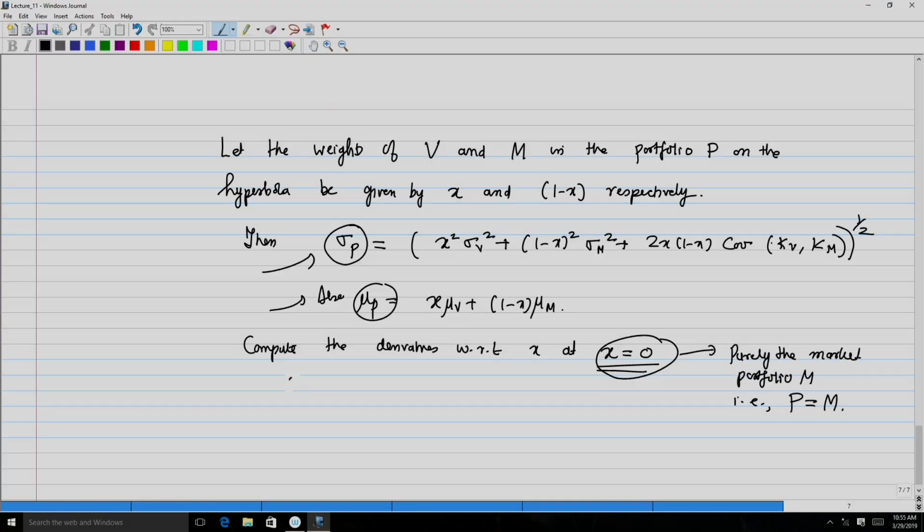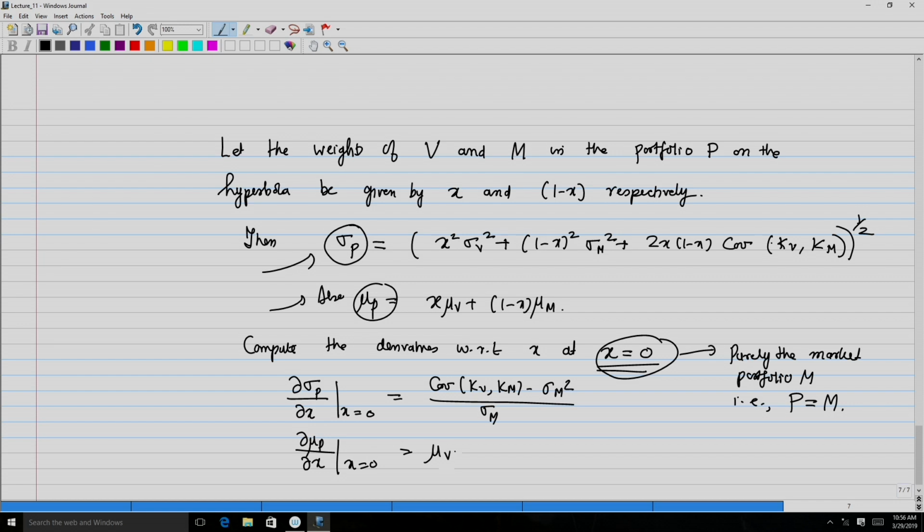So, accordingly, we calculate first the derivative of the risk with respect to x at x equal to 0, and this turns out to be the covariance of k v k m minus sigma m square divided by sigma m. And similarly the derivative of mu p with respect to x at x equal to 0 turns out to be mu v minus mu m.